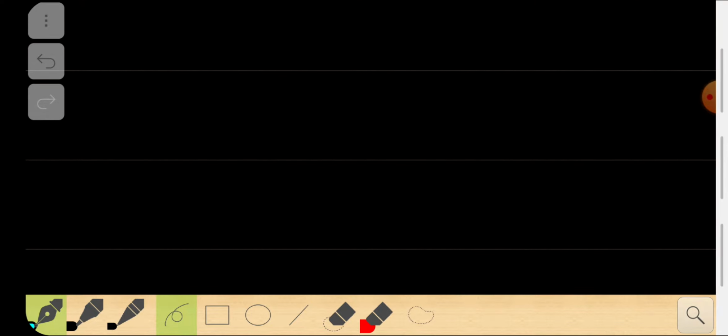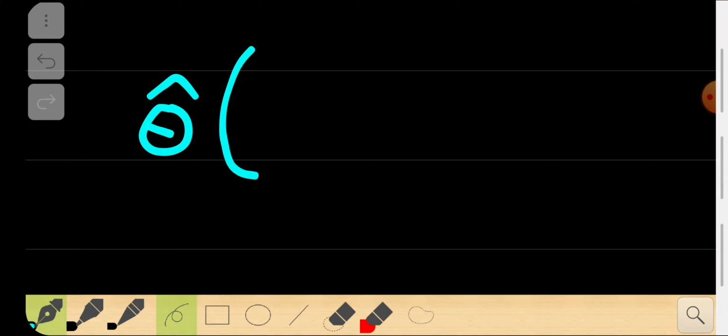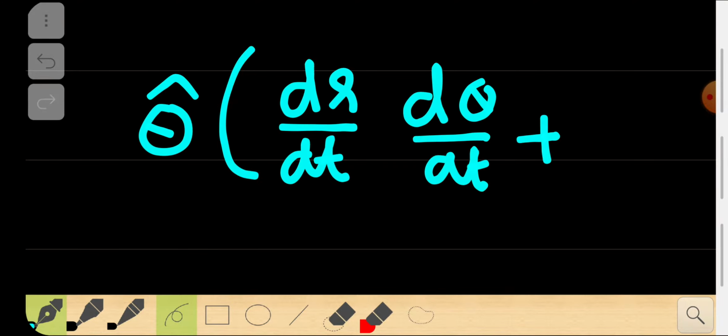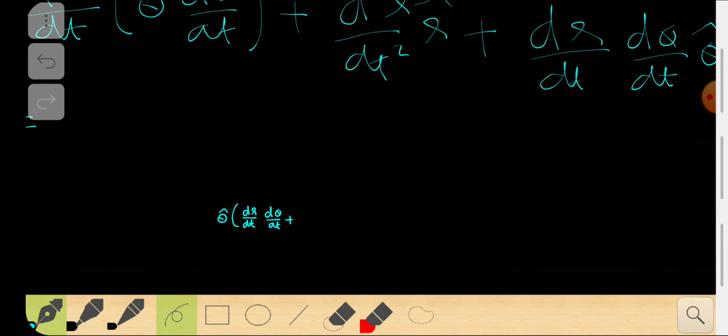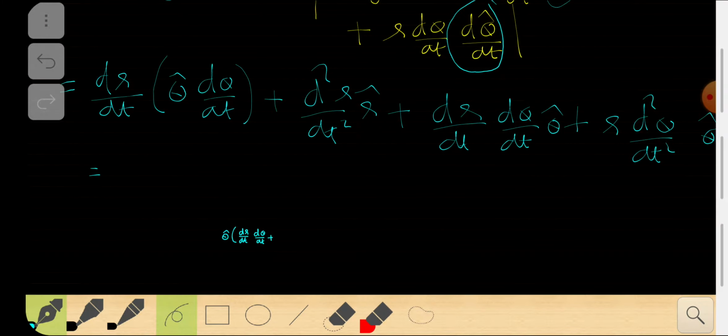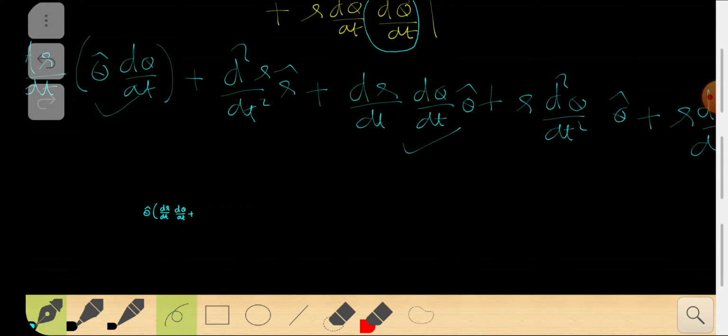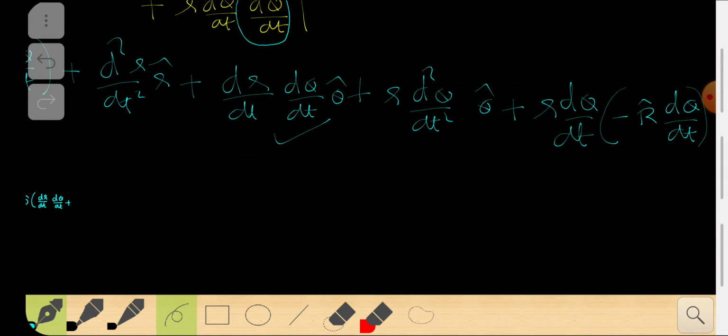In the θ cap axis, I have dr/dt and dθ/dt, and again dr/dt and dθ/dt, and then r times d²θ/dt².